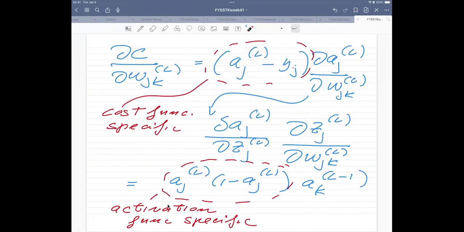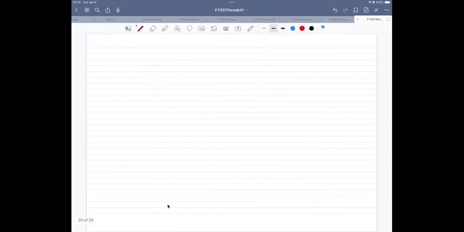So what we are going to do now is to collect these terms and redefine this parameter delta J, which we had in the previous lecture. So we are going to define a delta J which is equal to the derivative of the activation function times the derivative of the cost function with respect to the output.